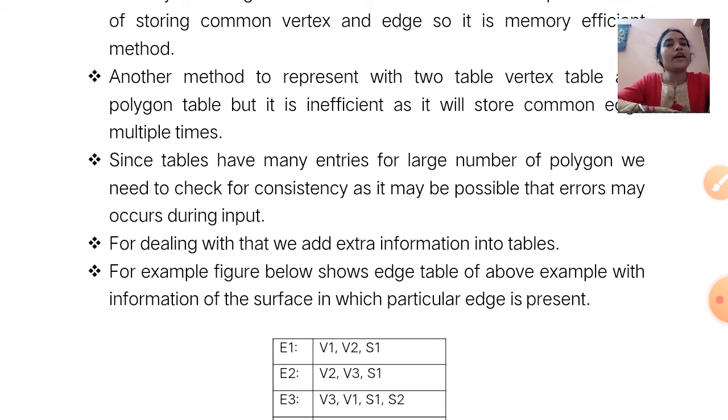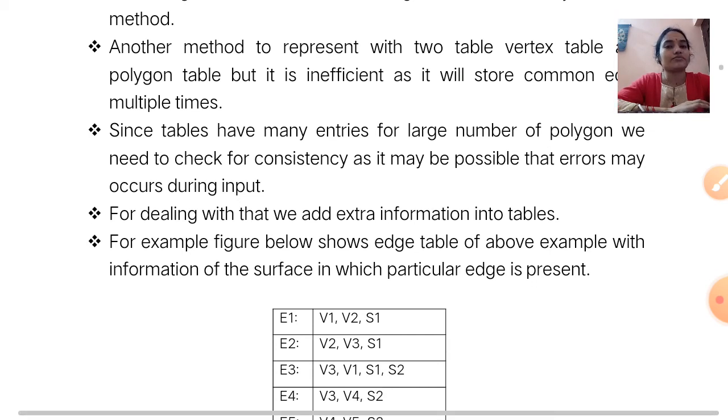Since the table has many entries for a larger number of polygons, we need to check for consistency, as it may be possible that errors occur during input. We also check that. For dealing with that, we add extra information into tables.